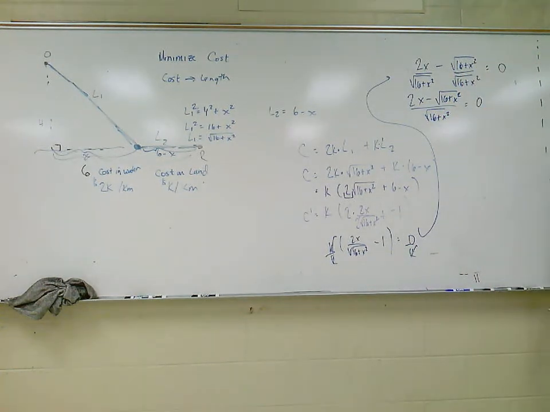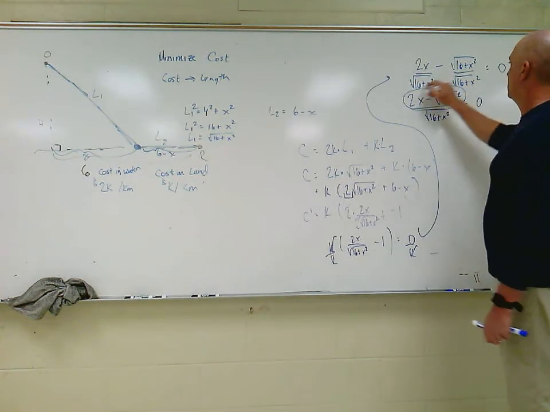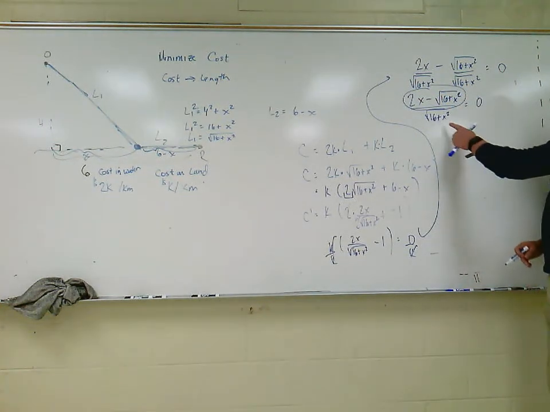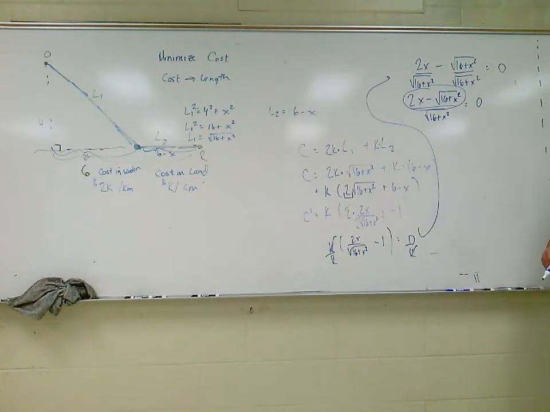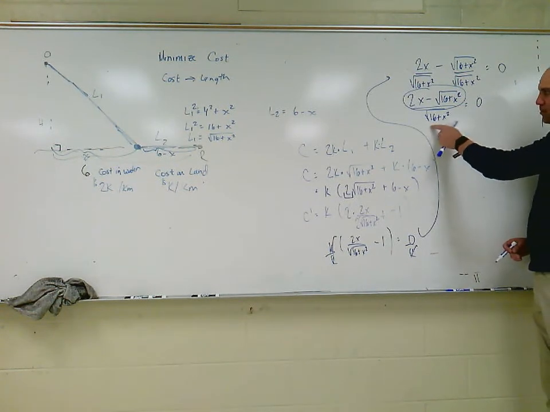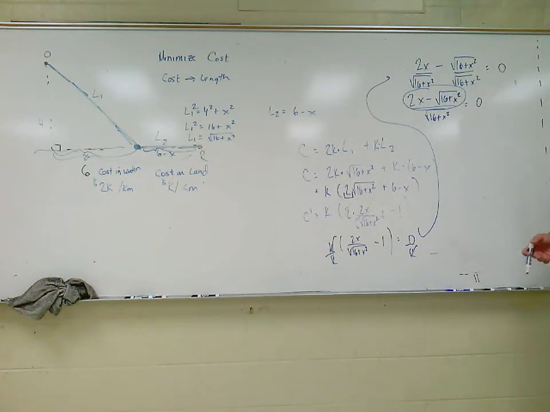The only way that fraction can equal 0 is if the top is equal to 0. The bottom makes it undefined, but you can see the bottom can never be 0 because you have 16 plus a square. It's not going to be 0.